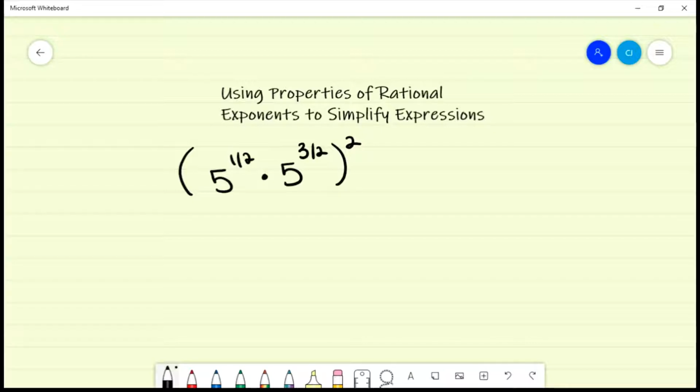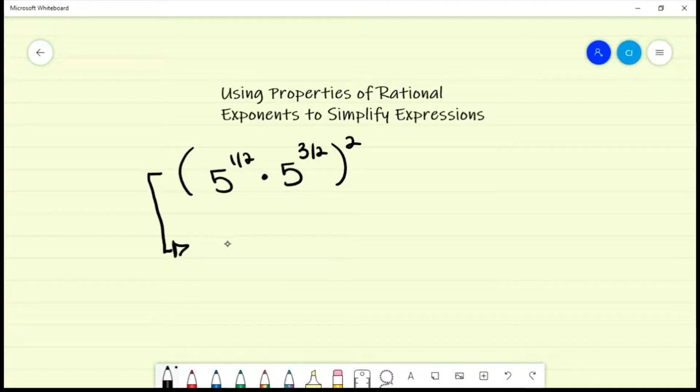So in this first part, we're going to be using the first property, which we call the power of a power, which states that whenever you have an outside power and you have powers inside of parentheses, you're going to multiply the outside power with the inside power. So I'm going to go ahead and rewrite this, showing you that step.